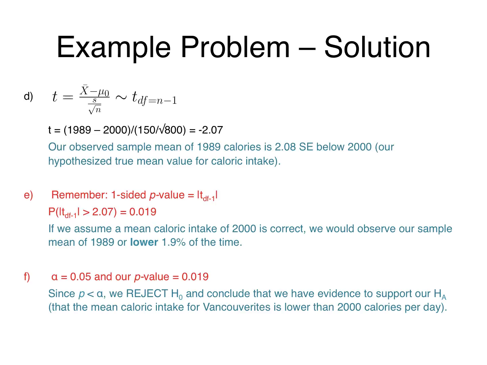With the one-sided test, there's only a 1.9% likelihood that Vancouverites actually have a mean caloric intake of 2000, and our observed sample mean of 1989 is due to chance alone. Compare that to the two-sided test, where there was a 3.8% chance that the mean caloric intake was actually 2000, and we observed our sample mean due to chance alone.